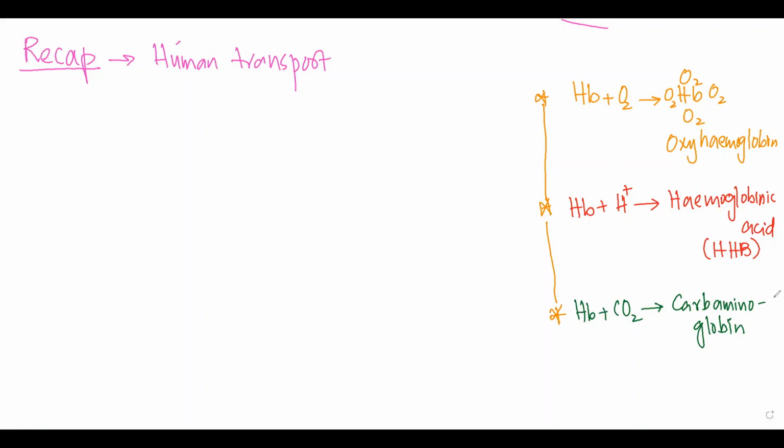I'll explain, don't worry. One more thing, by the way, HB bound with CO is all the way different. If HB is attached with CO, carbon monoxide, we call it carboxyhemoglobin.